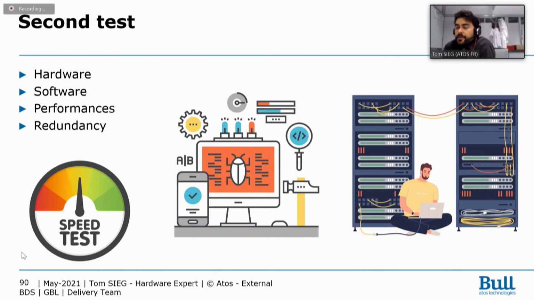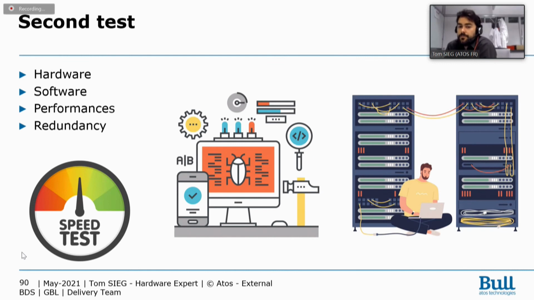You will push CPU, GPU in case you have GPU, and memory at 100%. That is the best first test to do on material, because you will of course push the power consumption at 100%, but you will also push the temperature really high. So you will be able to test the material and the cooling of the system plus the power of the system. That is the first test.